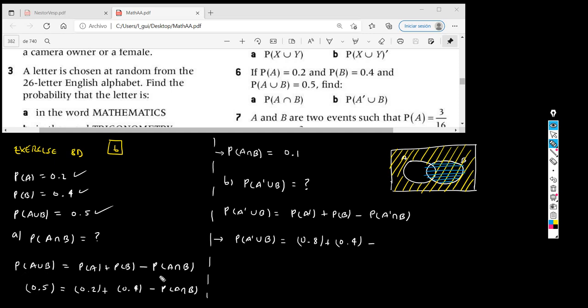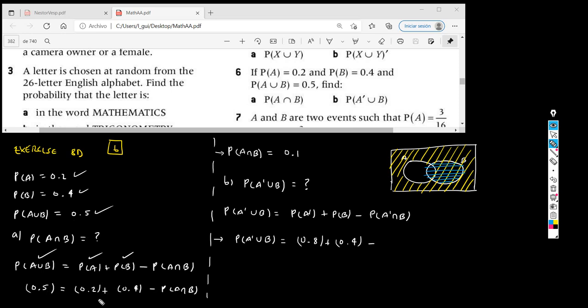Why do I write it down? Because I know that I have this, which is right here, I know this, and I know this. Therefore, I can isolate the thing that they're asking me from that equation.